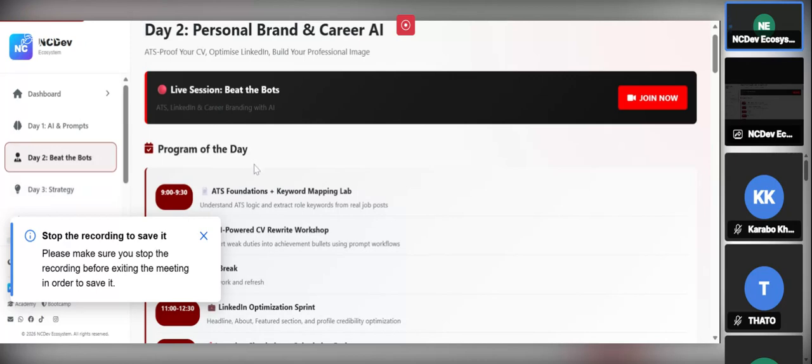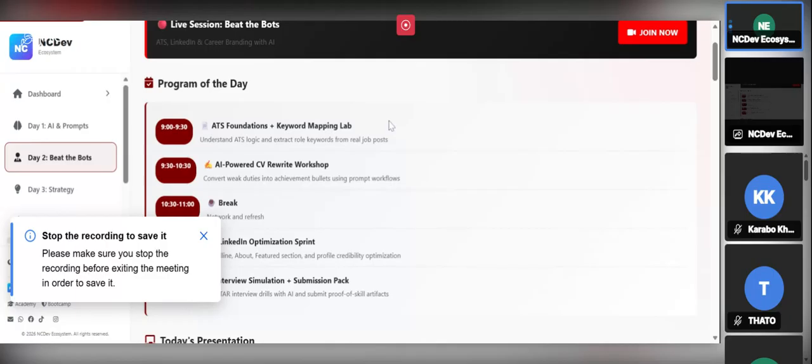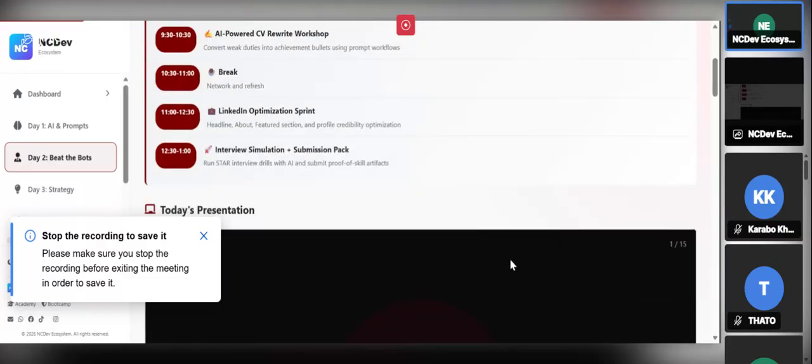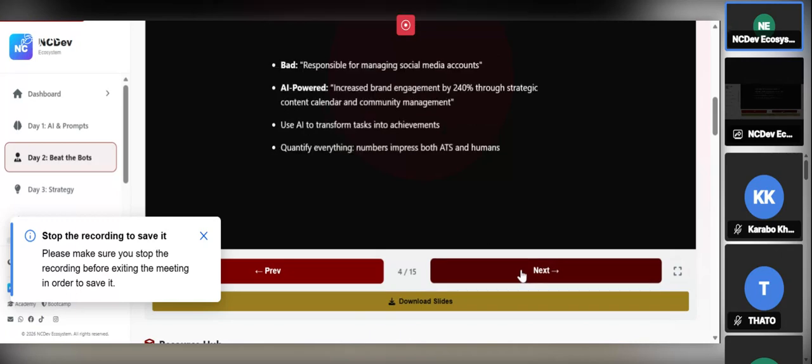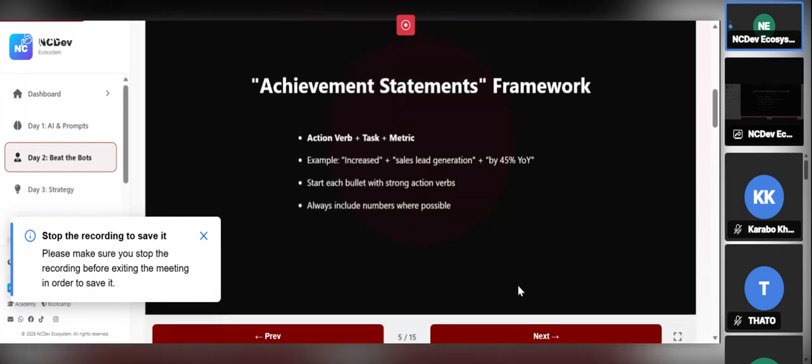Then on day two, we looked at how to build a CV, and how to use AI to optimize our LinkedIn profile and to help us prepare for interview questions, using certain frameworks like the achievement statement framework, where we looked at the action verb, the task, and the metric, in terms of how you should state your achievements or the things that you've been doing.